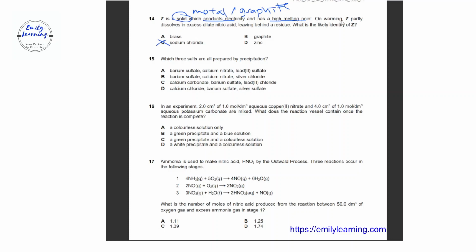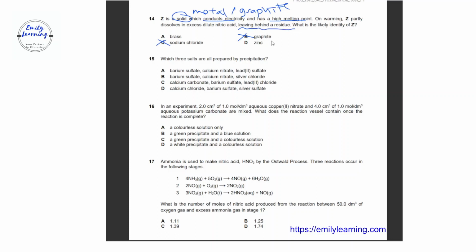So on warming, it dissolves partially in nitric acid. So in other words, it is a metal. We know graphite is out already because graphite will not react with acid. So we have a metal reacting with acid and leaving behind a residue.